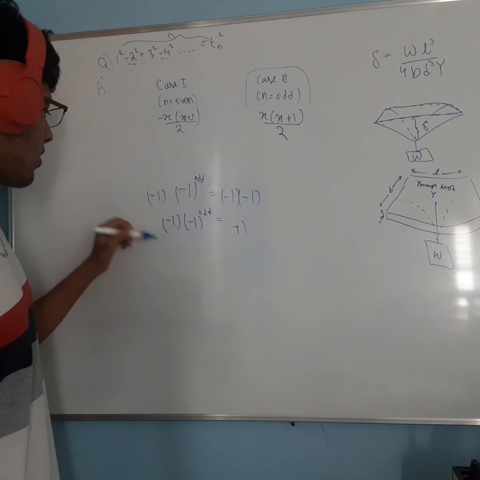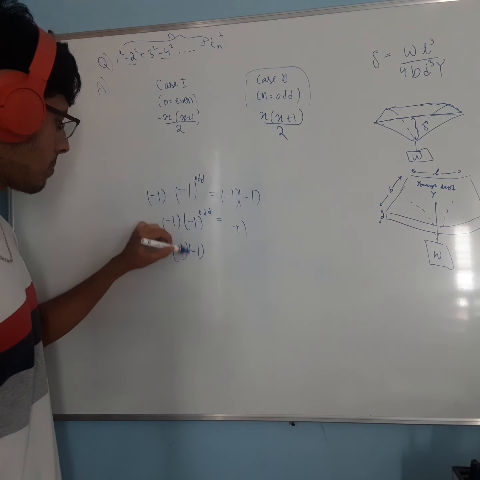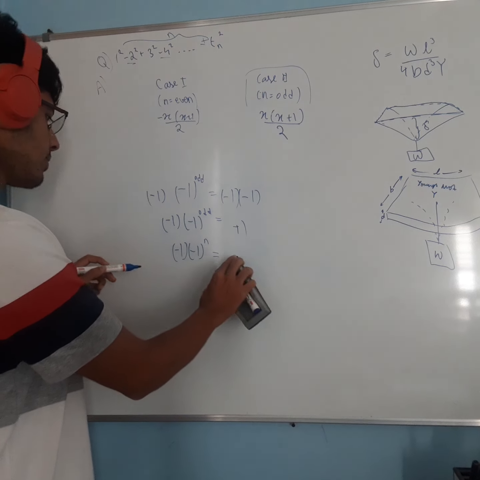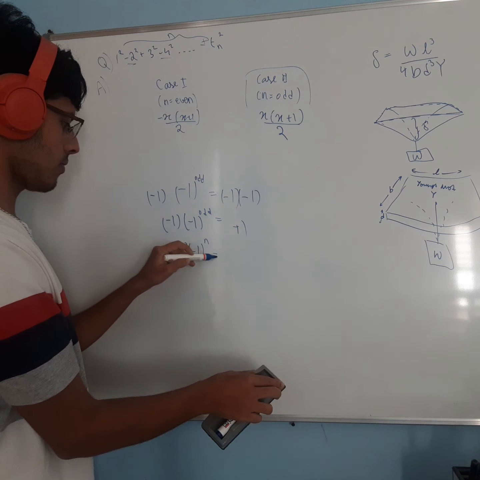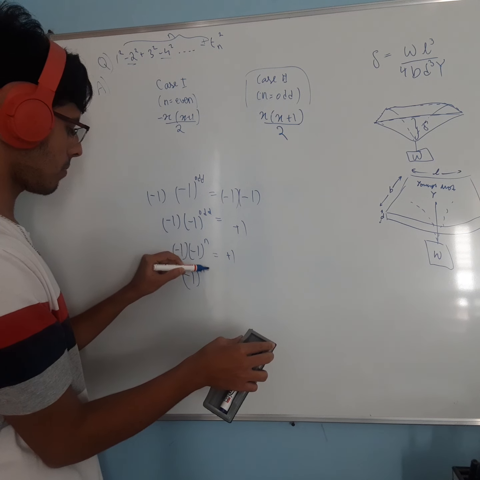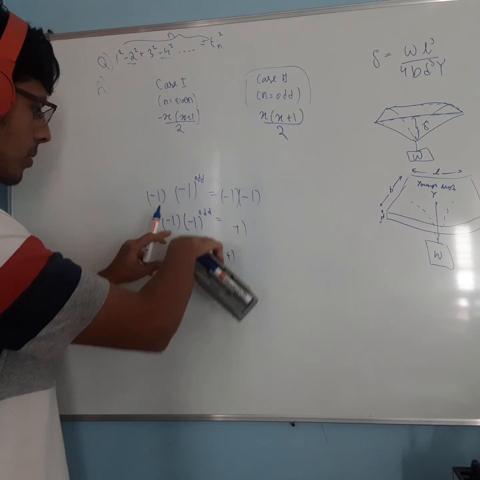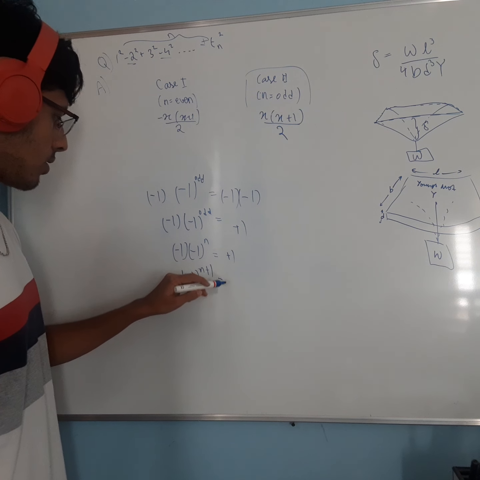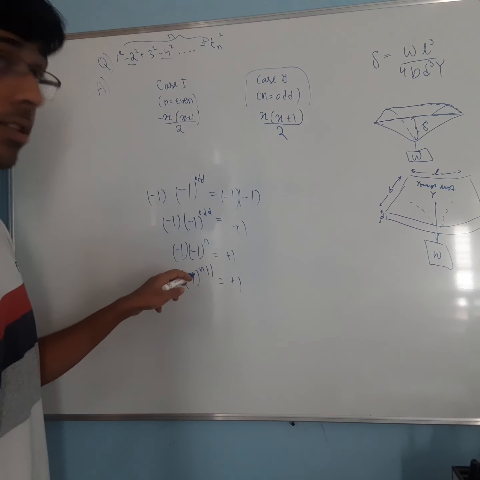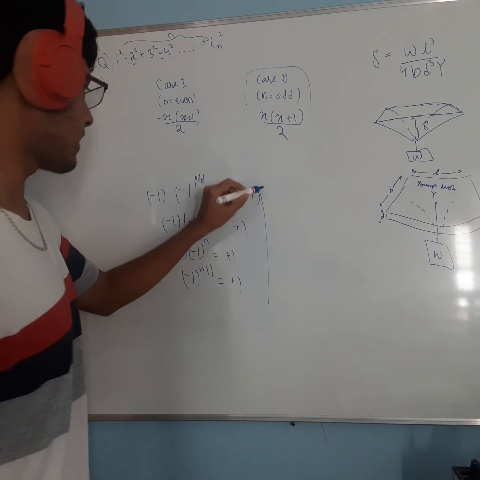And this can be written as minus 1 into minus 1 power n is equal to positive 1, minus 1 power n plus 1, because addition of powers is going to give you positive 1 if n is odd.